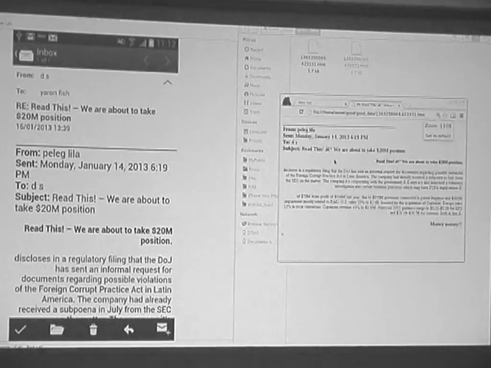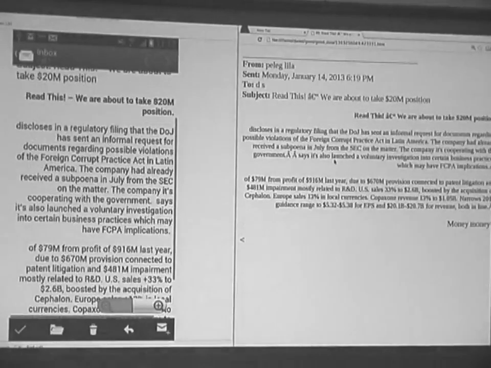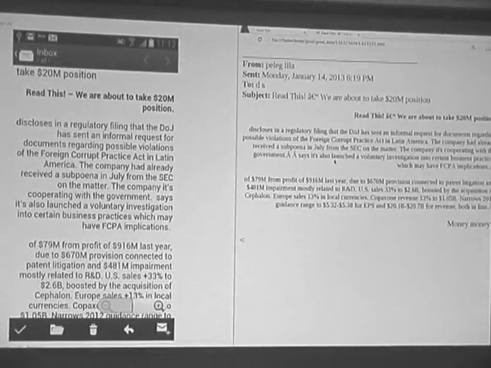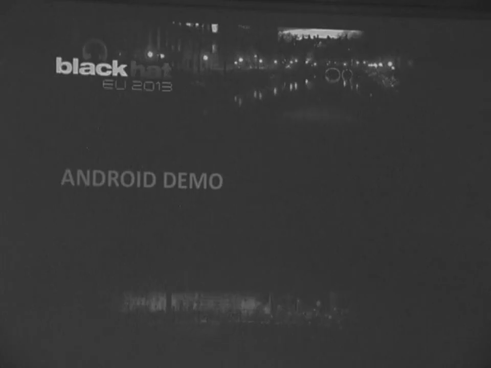And as you can see, our email, which was supposed to be secured, encrypted by Good for Enterprise and protected by their secure container solution, is now on our command and control server. It was sent outside through a service we have sitting on Good for Enterprise, which pulls out the email and sends it to our command and control server. Right now, it's all running on the laptop to not cause issues with the Wi-Fi.